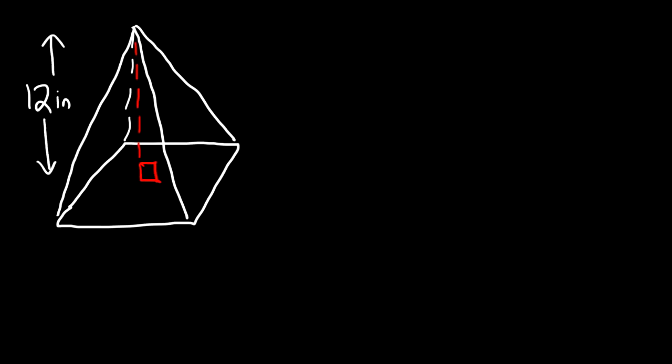So that's going to be the height of the pyramid. And let's say the base is 10 inches long and 10 inches wide. So using this information, find both the volume and the surface area of this pyramid. So be careful with this problem. Go ahead and take a minute and work on this problem. Feel free to pause the video too.